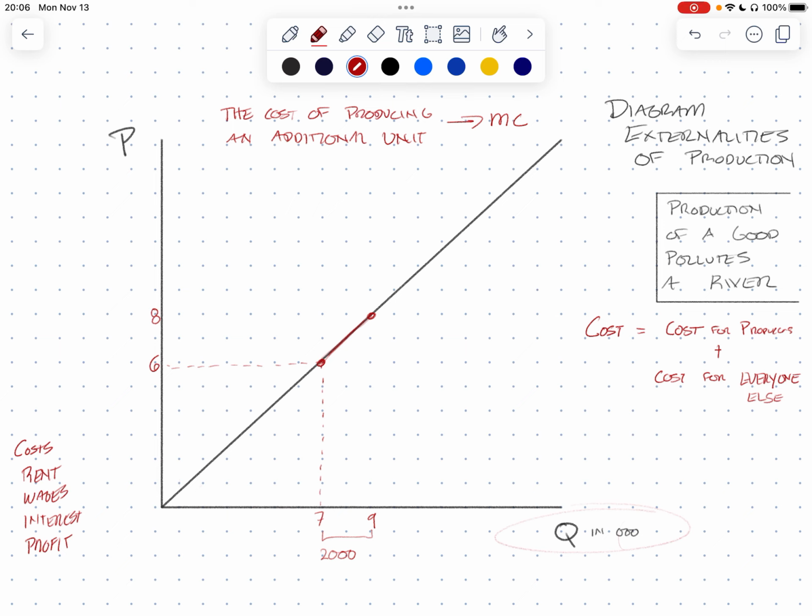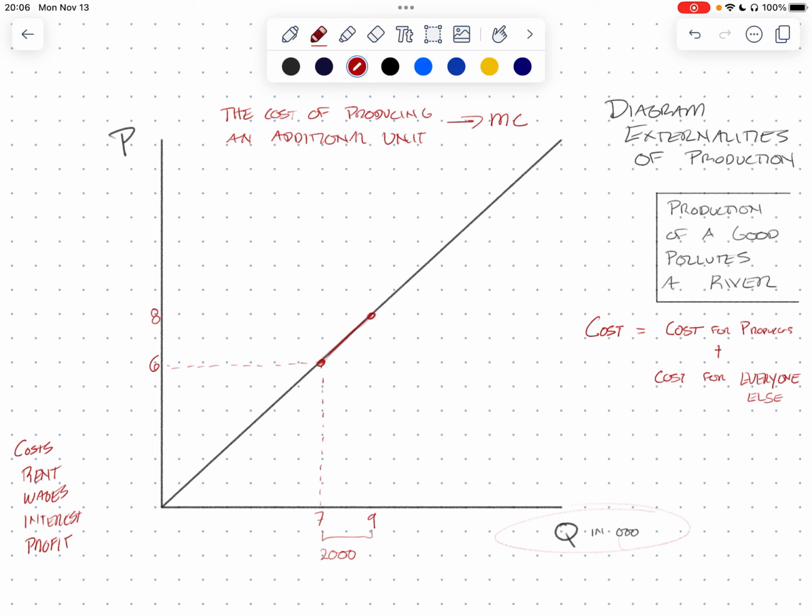However, in our particular example right here, we have an additional cost, which is this cost of pollution. And so we can think of that as the ways in which the pollution now detracts from the benefit. And we can actually put a value on that.